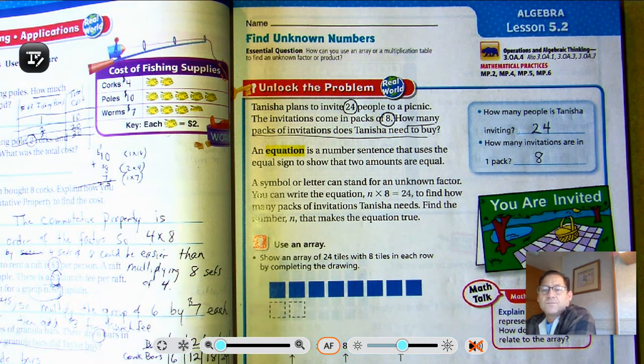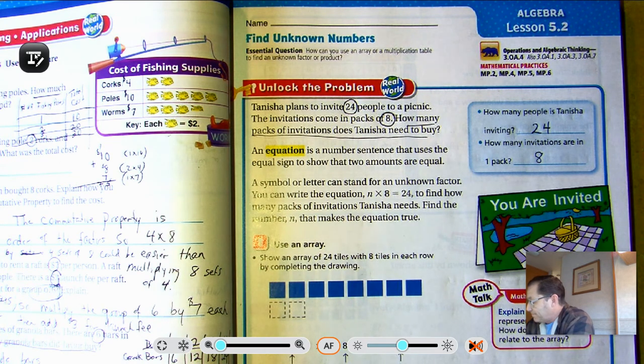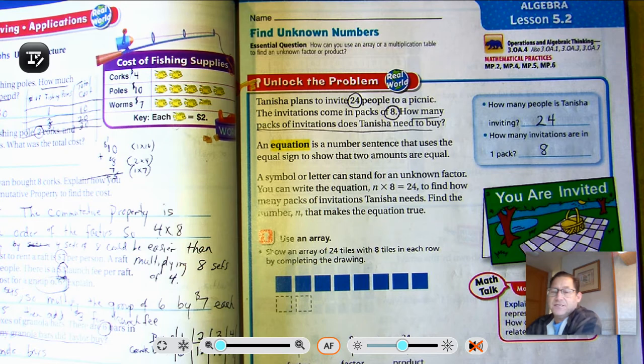So we're going to use something called an equation. And an equation is a number sentence that uses the equal sign to show that two amounts are equal. A symbol or letter can stand for an unknown factor. You can write the equation n, some unknown factor, times 8 equals 24 to find how many packs of invitations Tanisha needs.